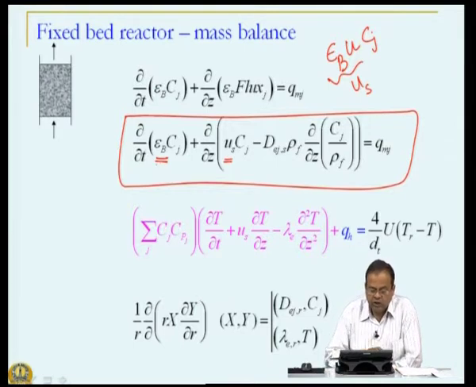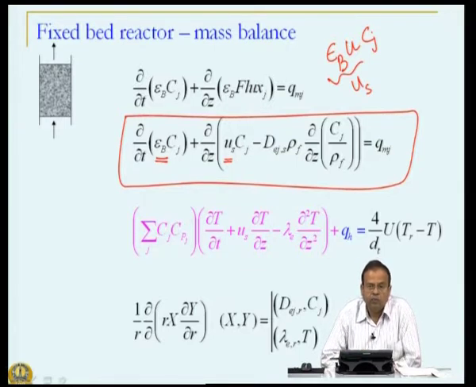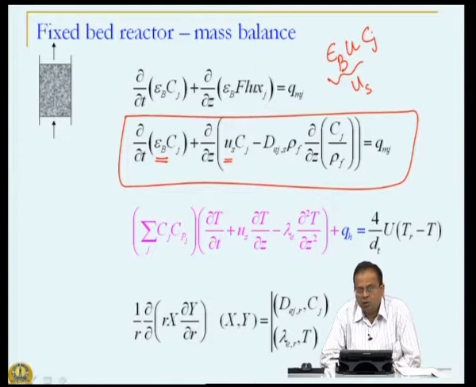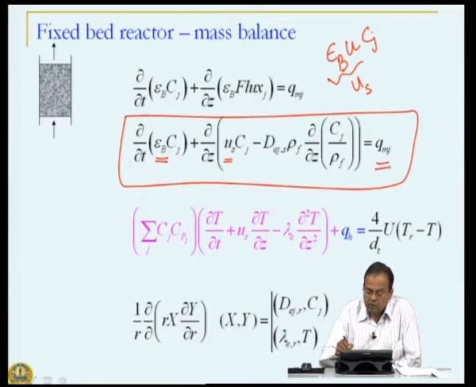So, that is one change. Because of the same effect, the cross section is not available for flow, so we have velocity US, and then this term was the rate of generation, simply the kinetic rate.